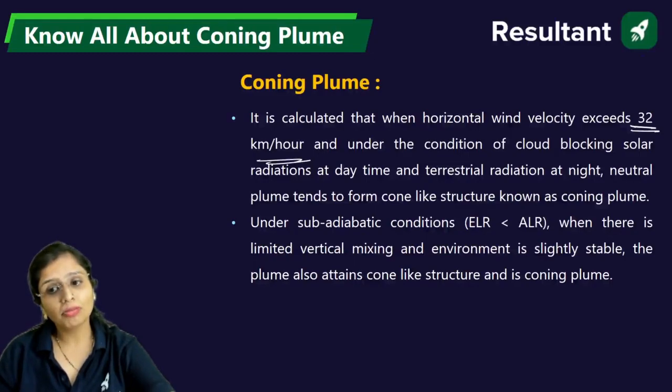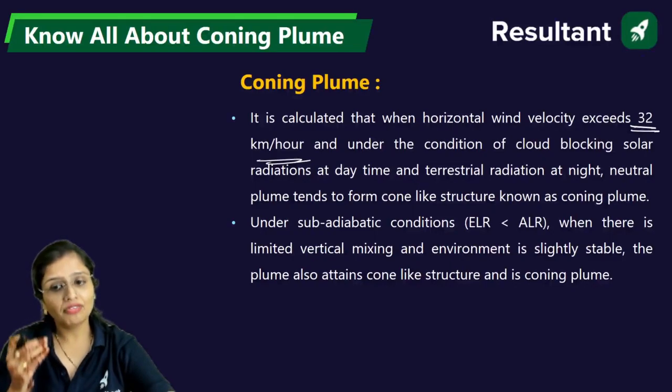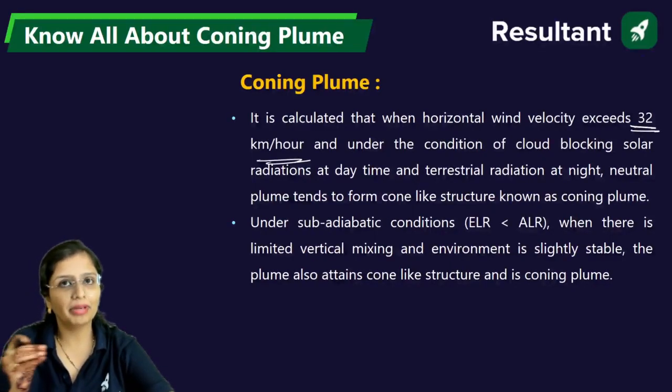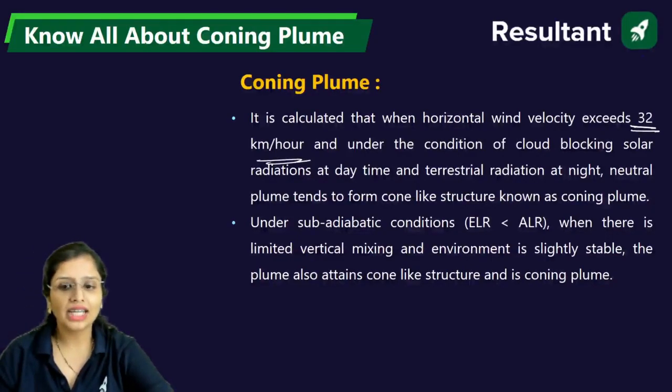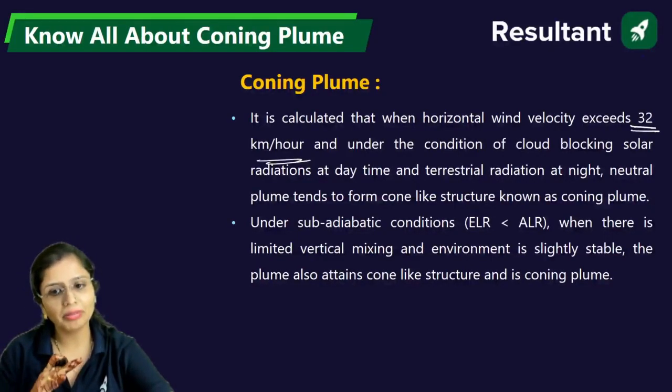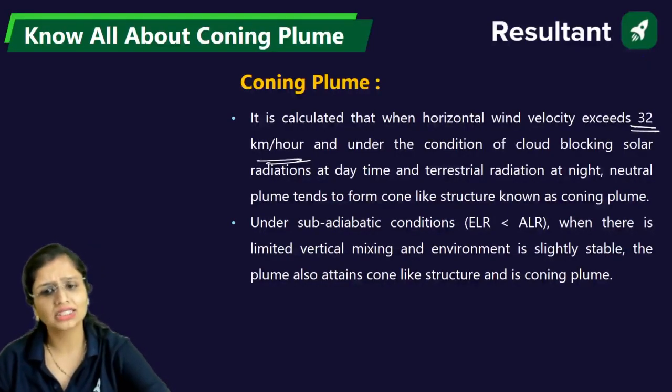Now the other thing you should know is that under sub-adiabatic condition, that means when ELR is less than ALR, vertical mixing will be limited, and in a Coning Plume the environment will be slightly stable.